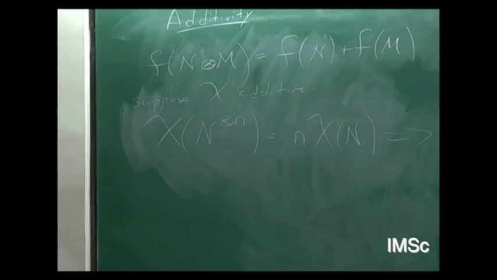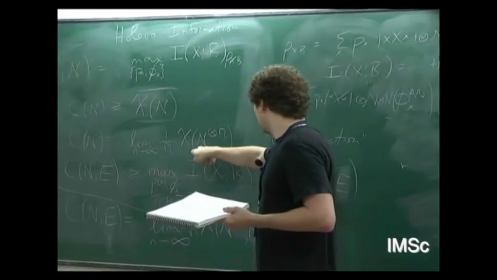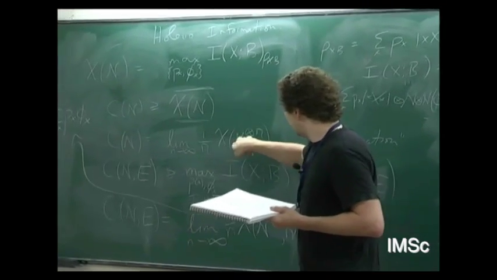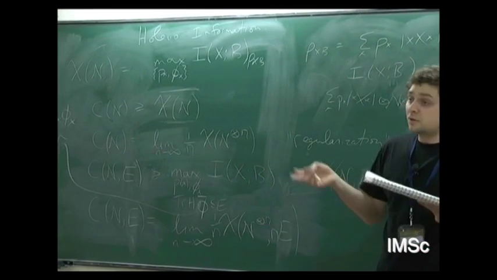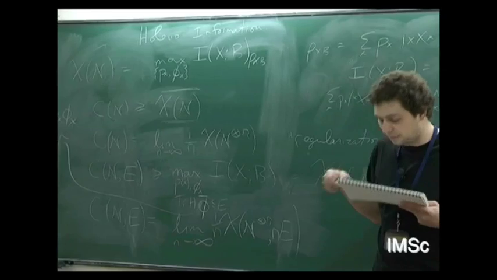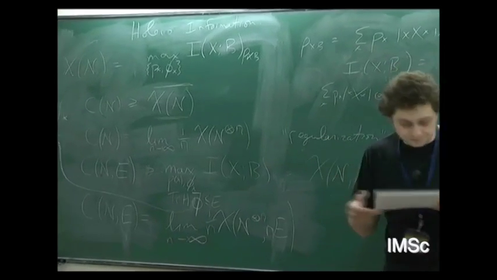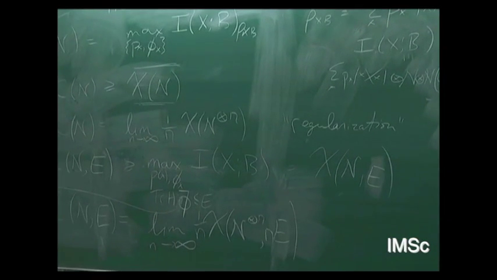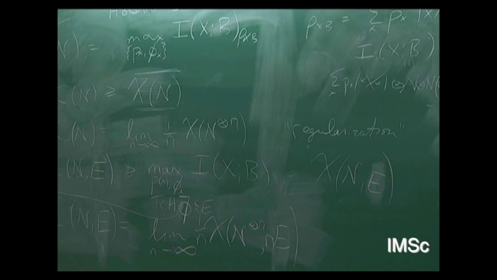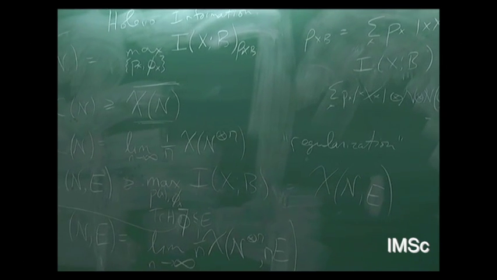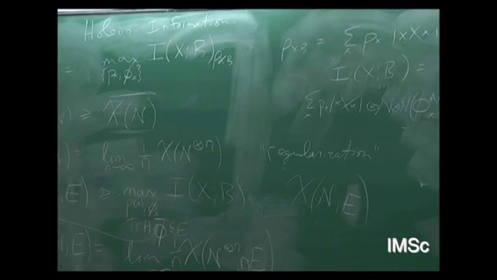It's also a property that's not always true. So sometimes you can find channels where chi of N tensor N is more than twice as big as chi of N. If the n channels are correlated, necessarily, a lack of correlation, then this will break. This certainly breaks down if they're correlated.